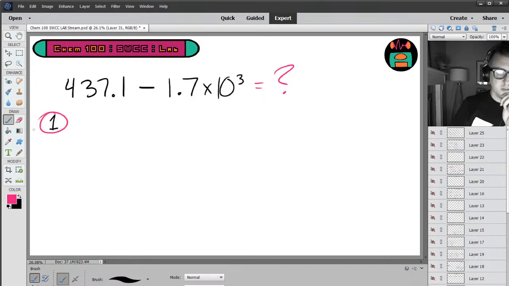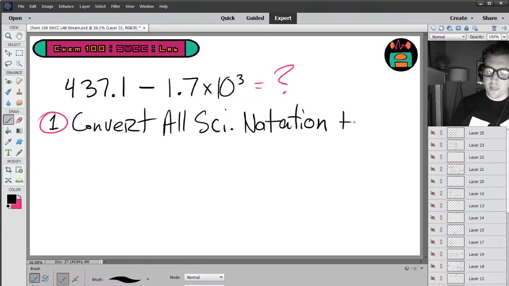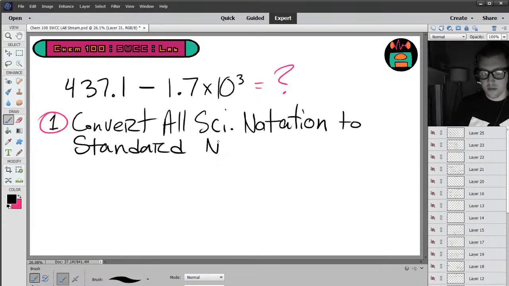First, convert all scientific notation to standard notation. That's step 1.